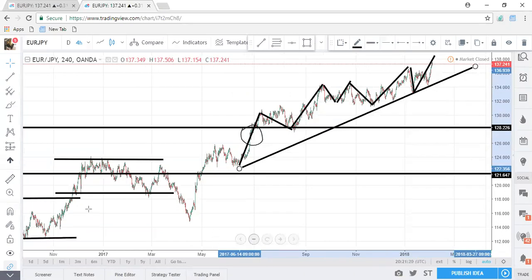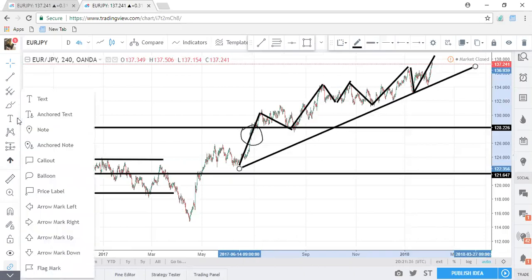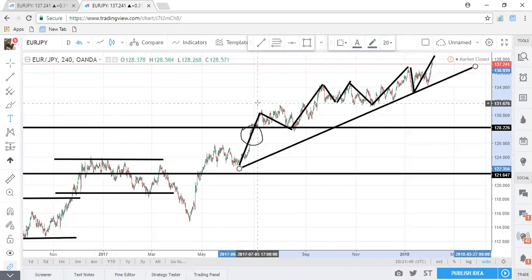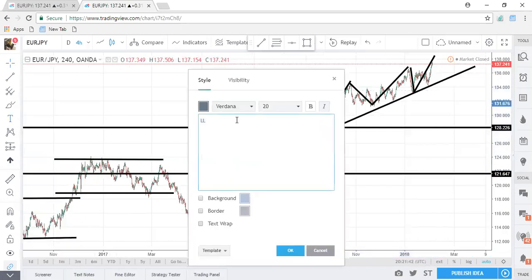So I hope you guys understand where I'm coming from with my raw market movement. And I'm going to give you one more little example of the higher highs and higher lows, so you guys can understand how price moves.